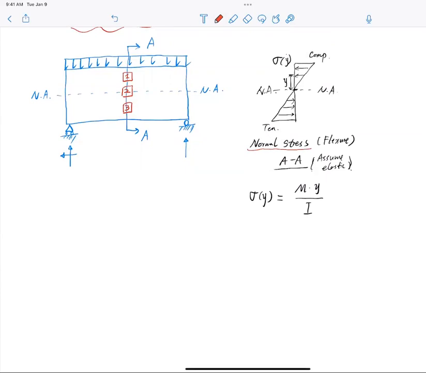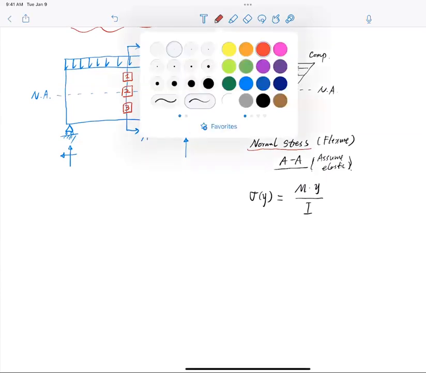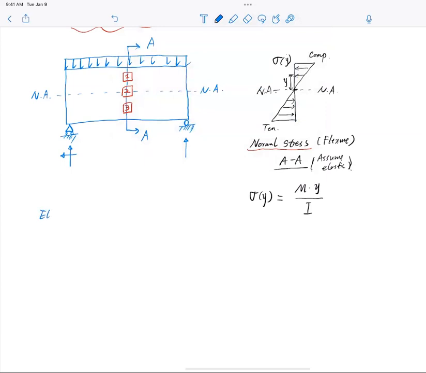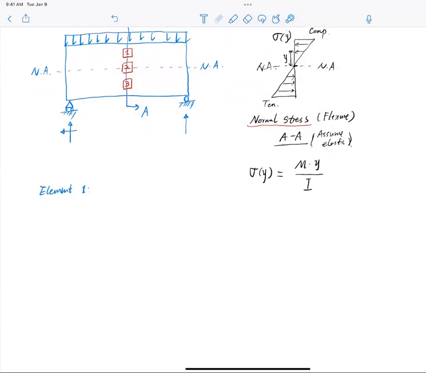Now look at element 1 here. I'm just starting to put element 1. It should look like a nice square element, and this is right on top of the section, so here is a compressive stress.